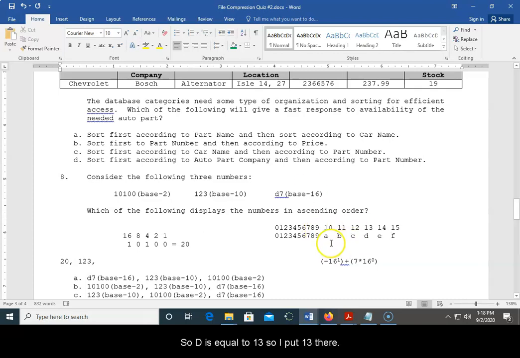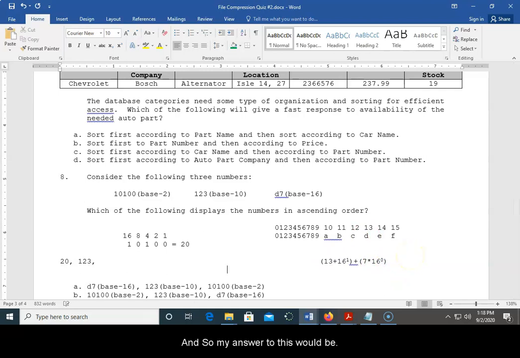Okay, so D is equal to 13, so I put 13 there. And so my answer to this would be 16 to the 0 power is 1. 1 times 7 is 7. So I got 7, and then 16 to the 1st power is 16. And this isn't plus, it's multiplied.